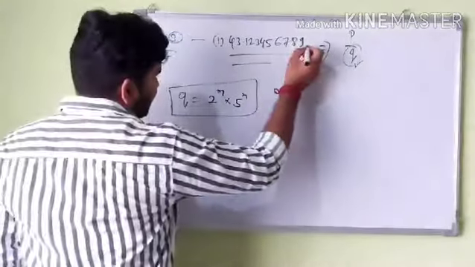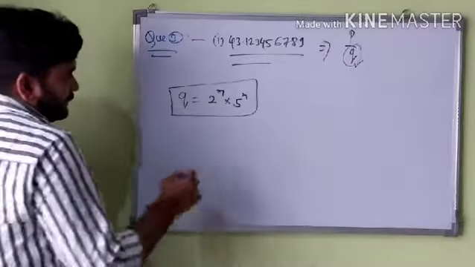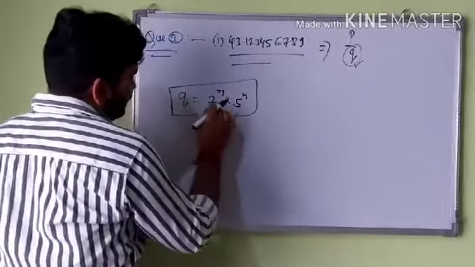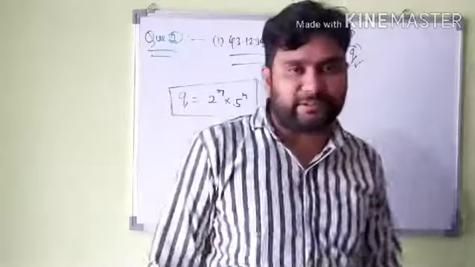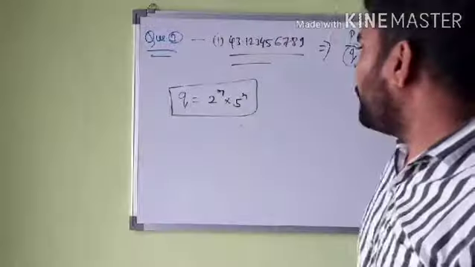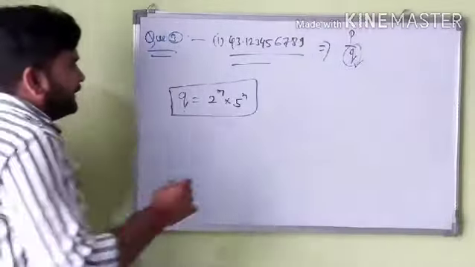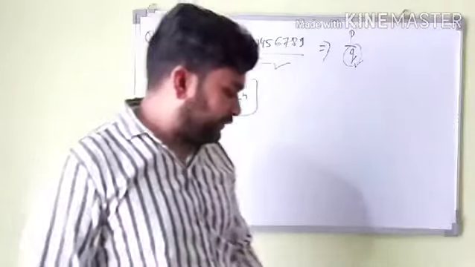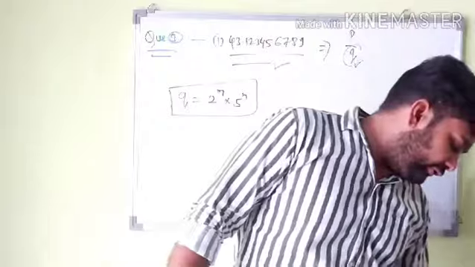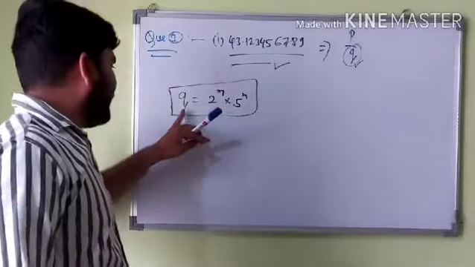Here we see that it is a terminating decimal expansion, which means these numbers have 2 to the power m and 5 to the power n as the prime factorization of q. So we can say that its prime factorization is in the form of 2 to the power m and 5 to the power n.